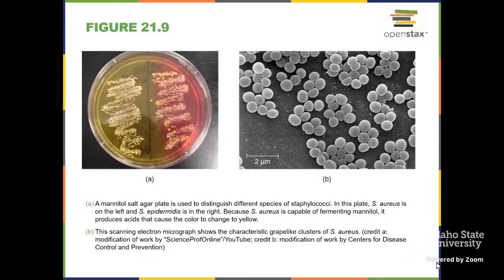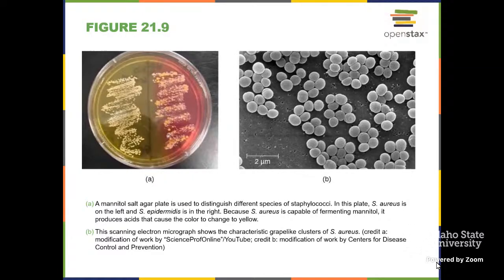And so on one half of the plate, we've got our Staphylococcus aureus that ferments it. And on the other side of the plate is Staphylococcus epidermidis, a cousin, and it doesn't ferment mannitol. So this plate allows us to quickly differentiate between the two and really give us some insights into who we're looking at.